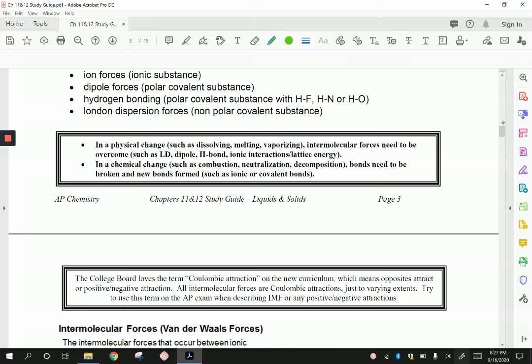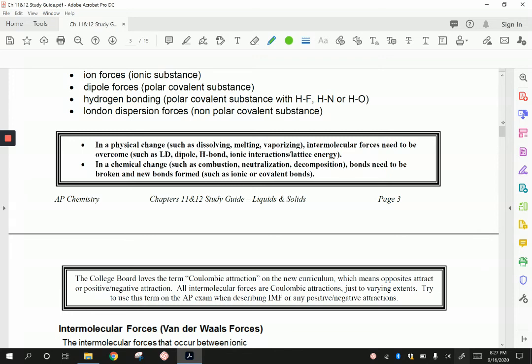So you overcome these London dispersion forces, dipole forces, and so on. In a chemical change, you are breaking the bonds, the intramolecular, right, the actual bonds. So things like combustion, neutralization, decomposition, actual chemical reactions, the bonds are broken and new bonds are formed. So the ionic or covalent bonds are broken or formed. So that's kind of important to think about.